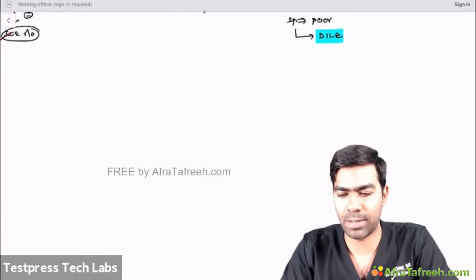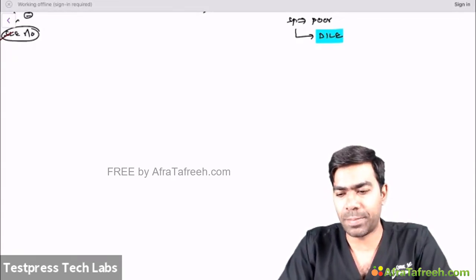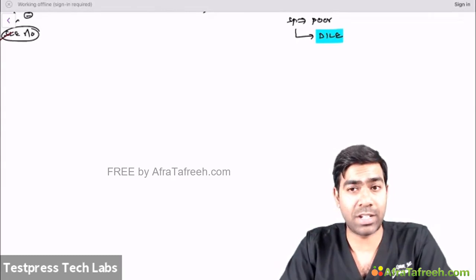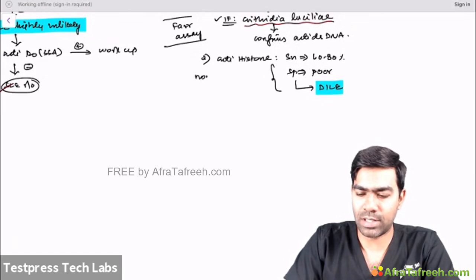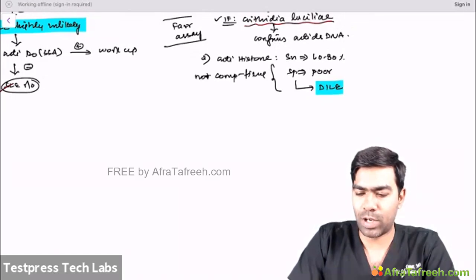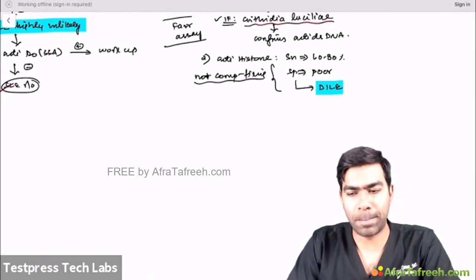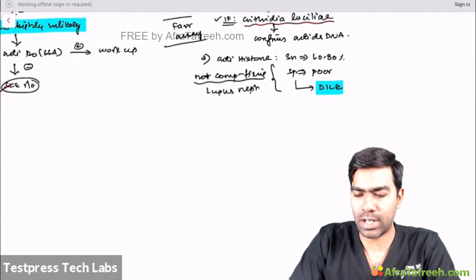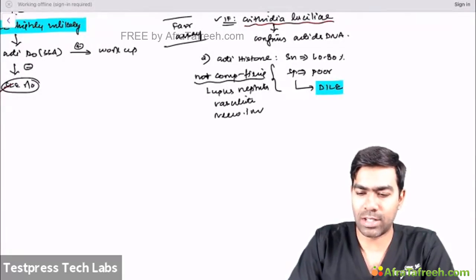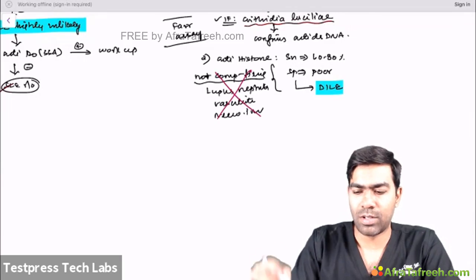Then, what are the special features of these anti-histone antibodies? One of the important special features is that it is not a complement fixing antibody. Because it is not complement fixing, usually you will not get lupus nephritis, you will not get lupus vasculitis, you will not get neurological involvement. Why am I telling that here itself?